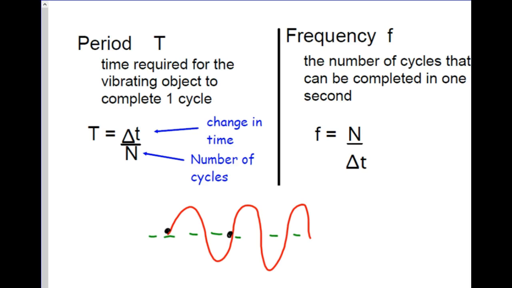So if you have 5 cycles, that's five crests, 5 troughs.